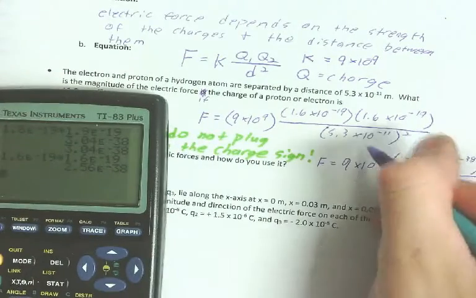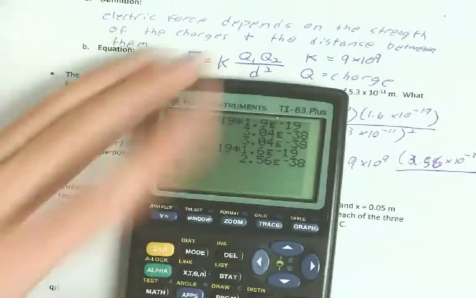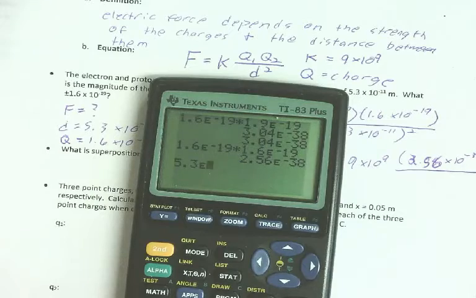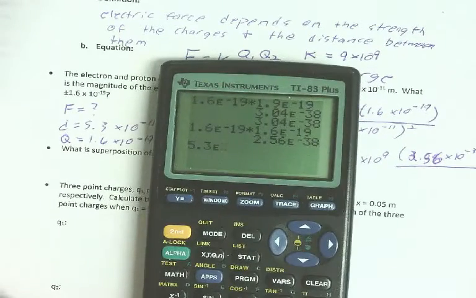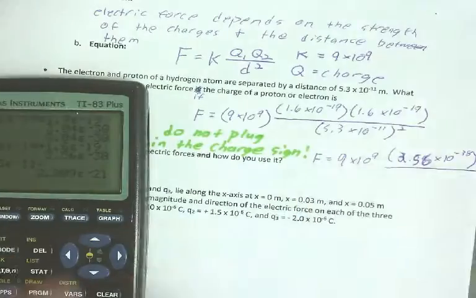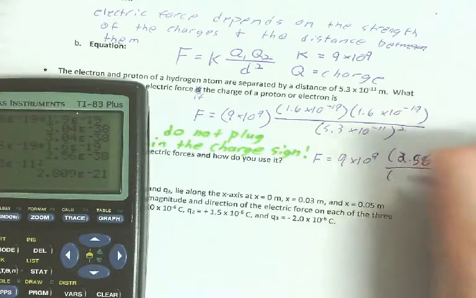Divided by. Square this number. Okay, 5.3. Hit that EE if you got it. If you don't have an EE, I'll show you what to do instead. That's negative 11 squared. That's 2.809 times 10 to the negative 21st.